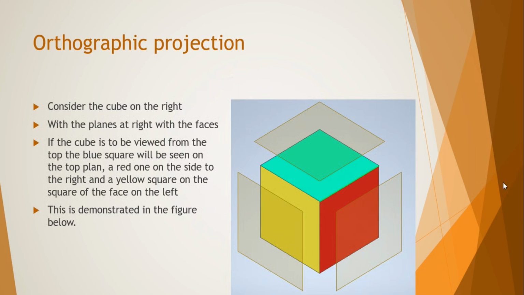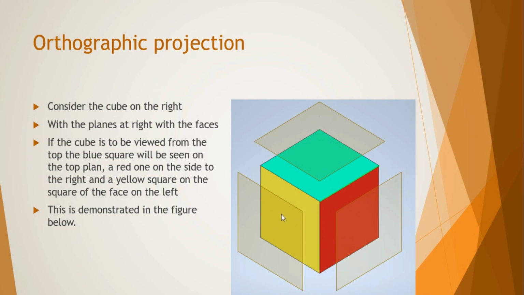So to demonstrate orthographic projection, let's consider this cube, just like the earlier model that we saw. These are our planes, and a plane, as we will define later, is a perfectly flat surface. The face that you see here is projected on this plane, and the face that you see here is projected on this plane and this plane.